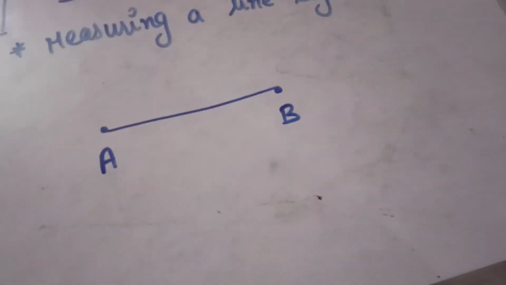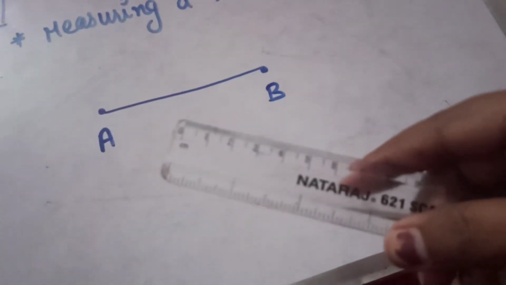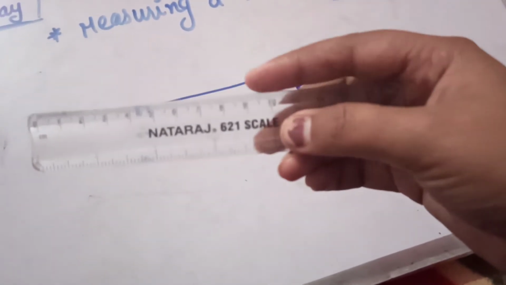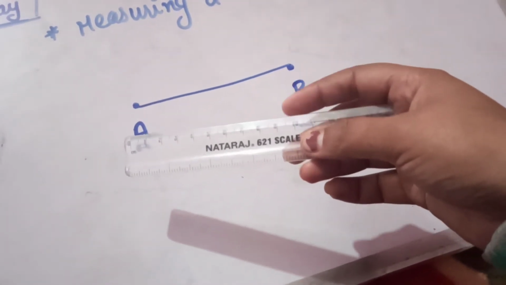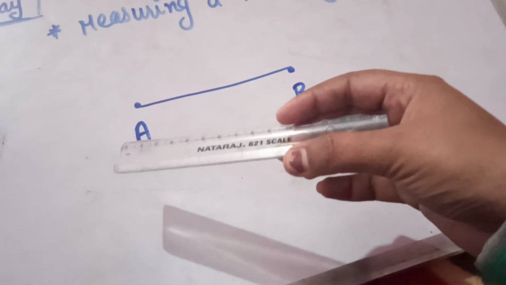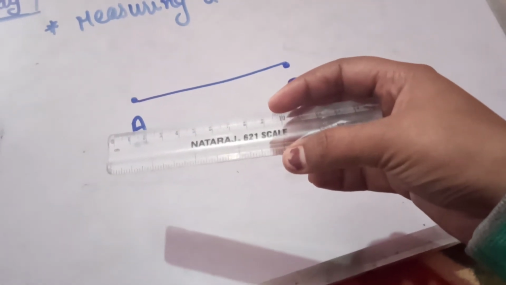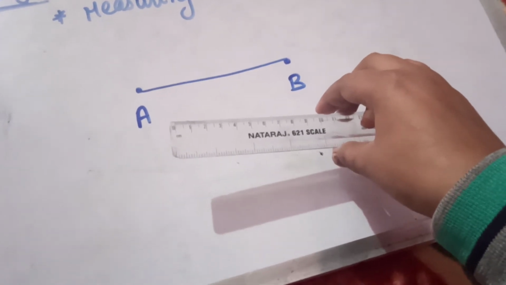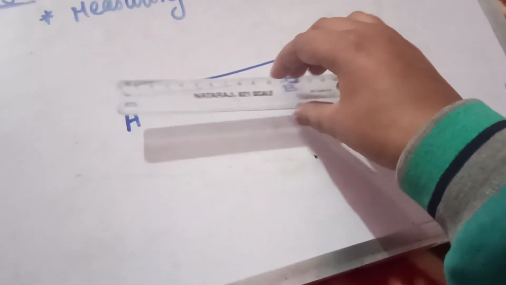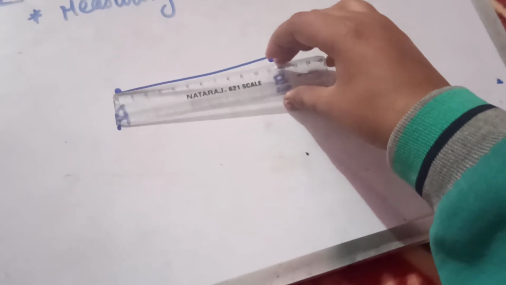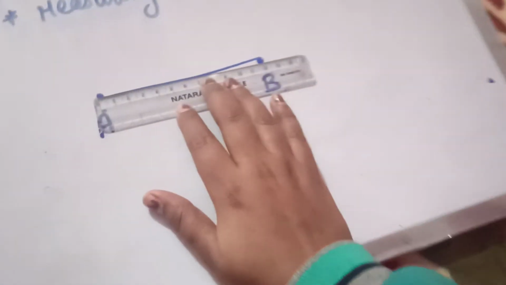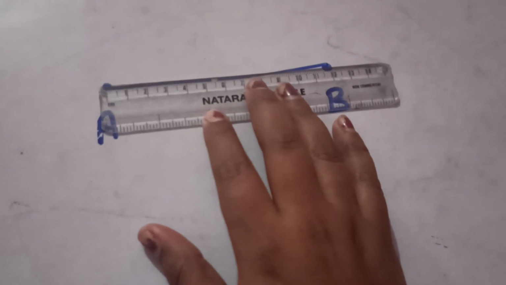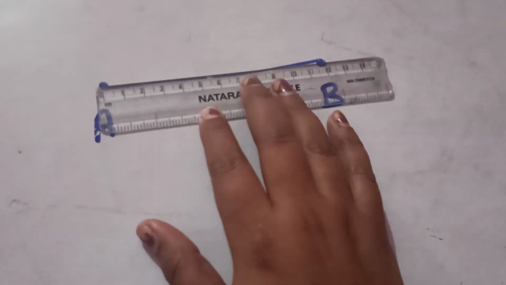I told you this when I gave you the description of the ruler. Now see, the upper side where numbers are written is called the centimeter side, and the down side where numbers are not written is inches. Now we have to put the scale or ruler straight towards the centimeter edge, this one. You have to keep it so that your point would be from 0.